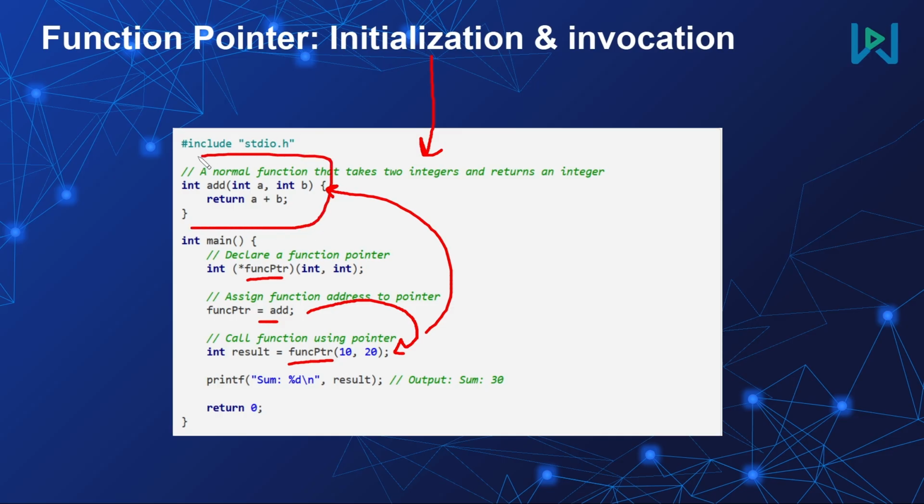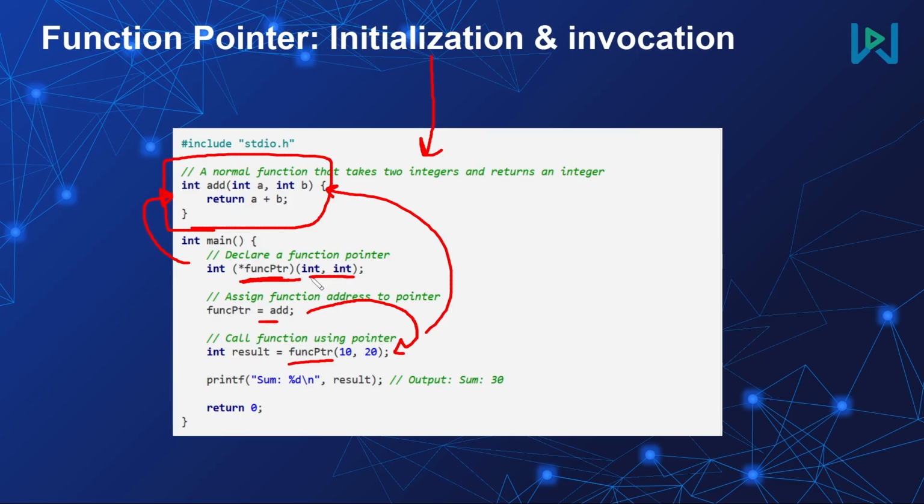First of all, we have created our C function. Then we move on to declare our function pointer. As you can see, the signature of this function pointer must be the same as the C function that we want to point to.